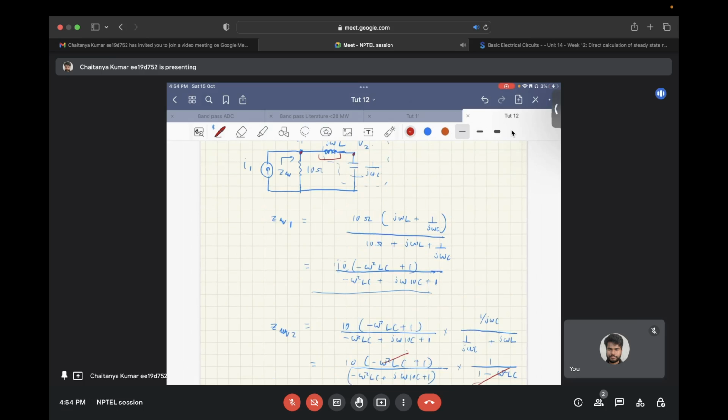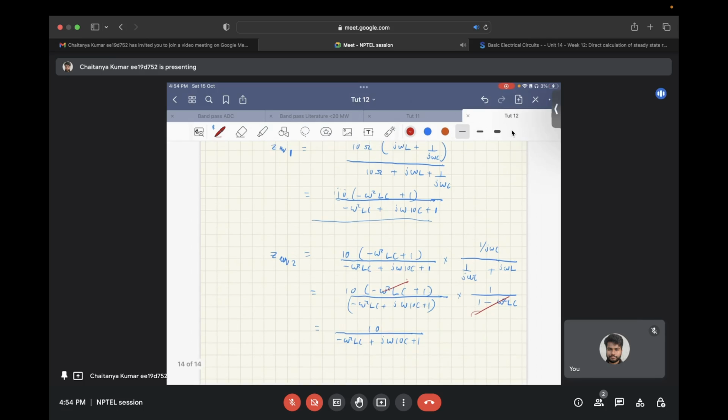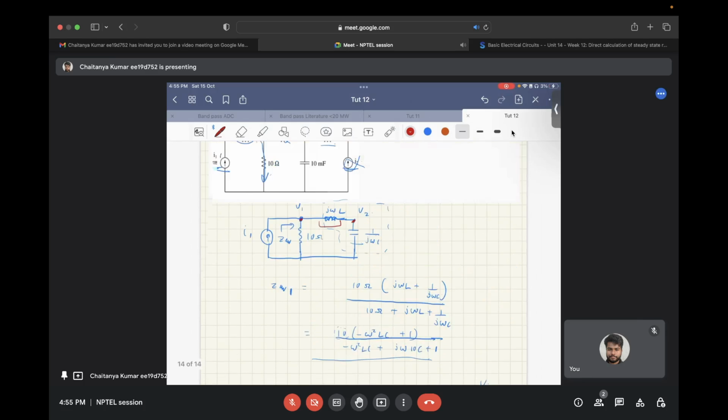So the voltage at V2 will also be 10 into I1, and in the derived expression, the omega square LC and the first order term containing omega will go to 0, and the impedance will be 10.